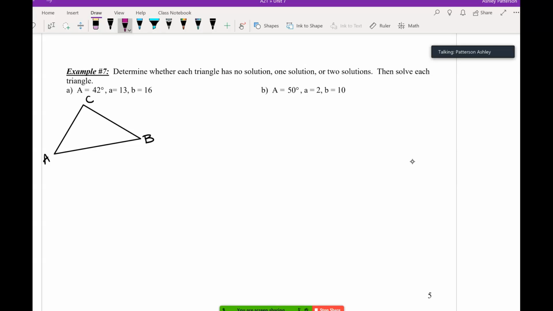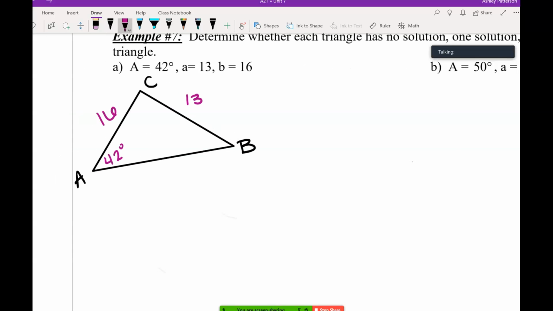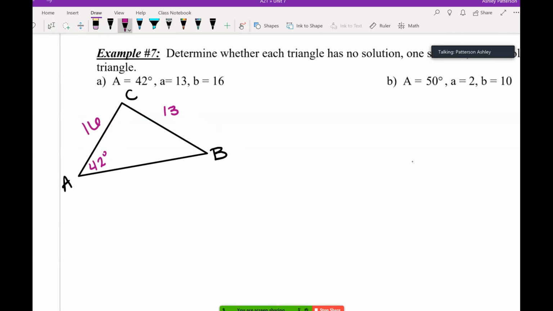We're given that big A is 42, little a is 13, and then little b is 16. Okay, going in order without more than one gap in between, we do have angle side, so we know that this is a situation where we are going to have to test the given information.